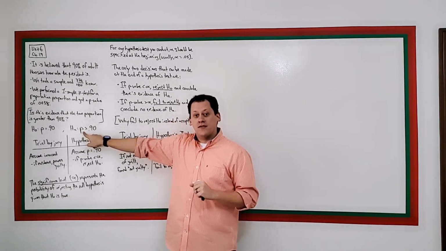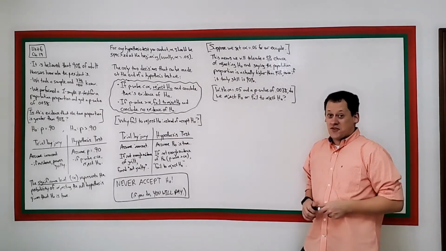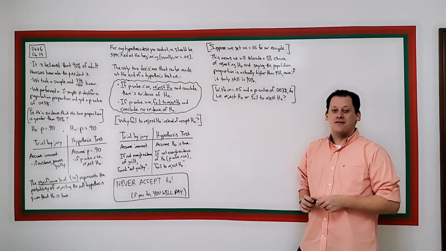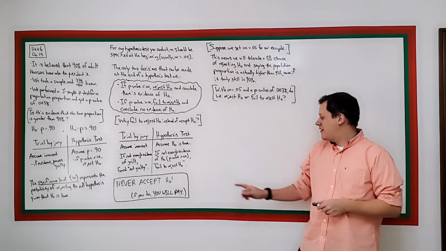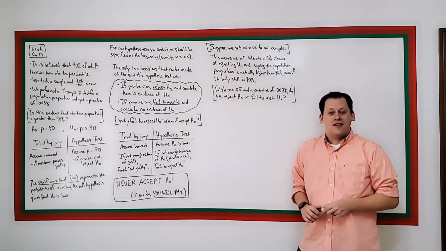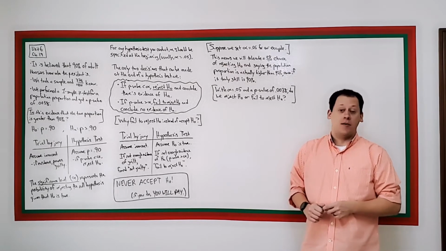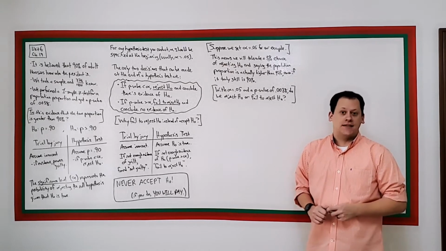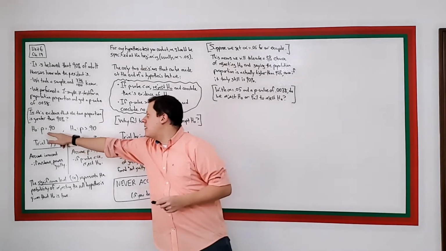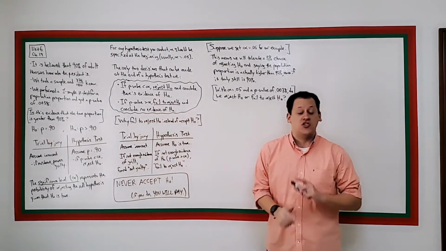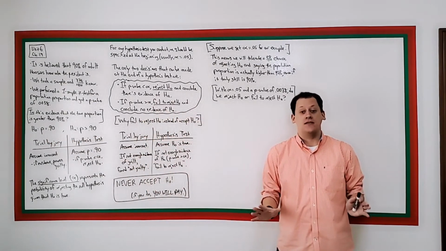So this is your first friendly reminder, potentially of many, that we never, ever accept the null hypothesis. We can't. We can never say that p is equal to a particular value. We can't know that based on a sample.